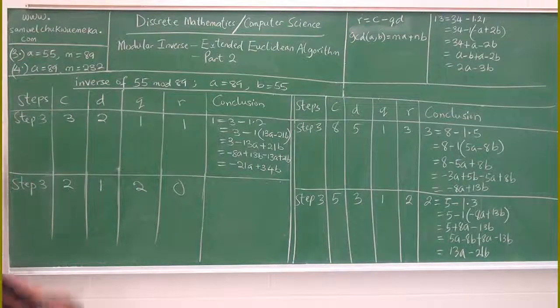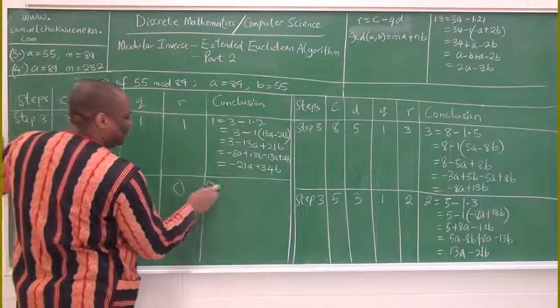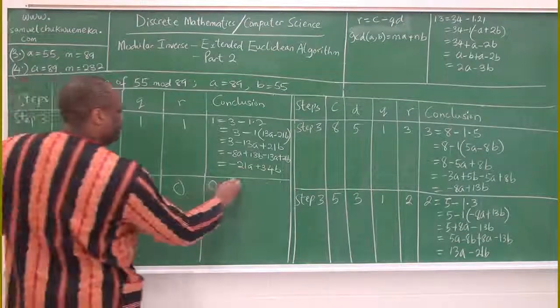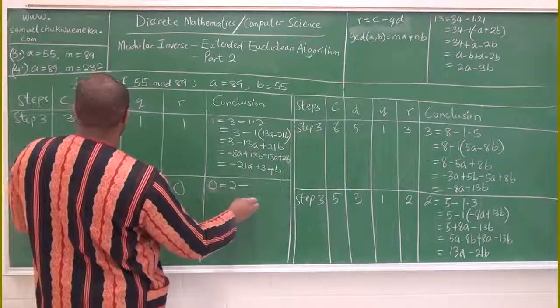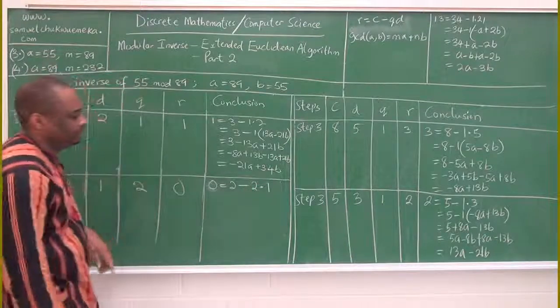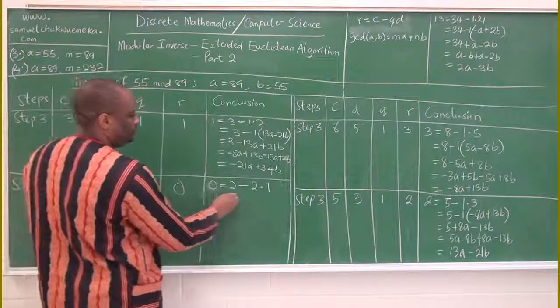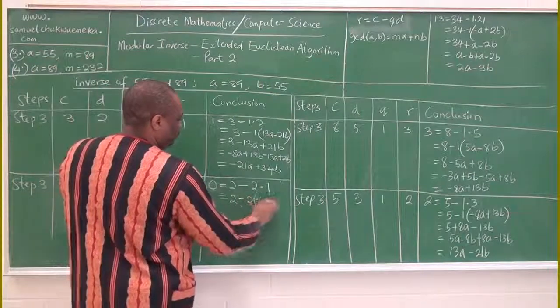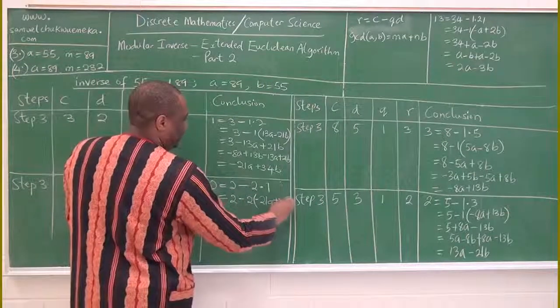Okay, so 0 is equal to 2 minus 2 times 1, which is equal to 2 minus 2 times 1 is negative 21a plus 34b.